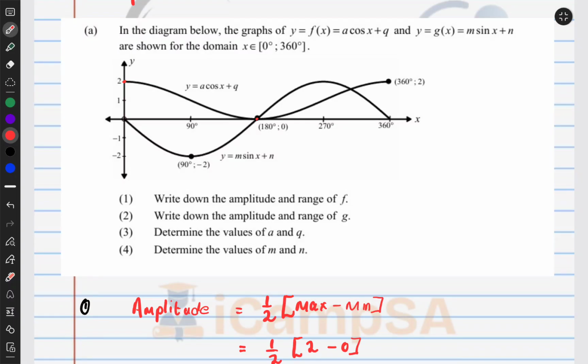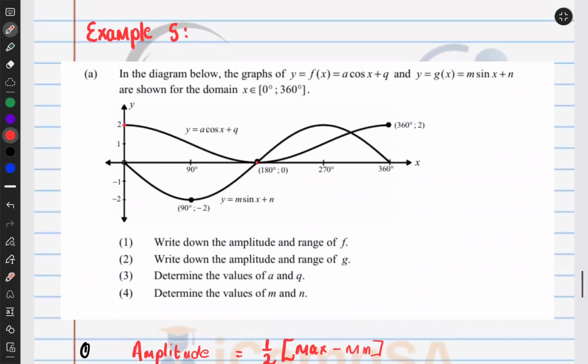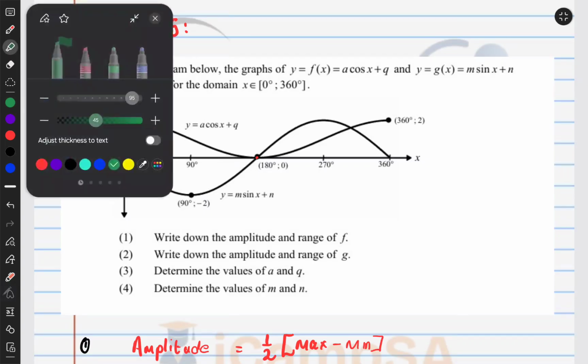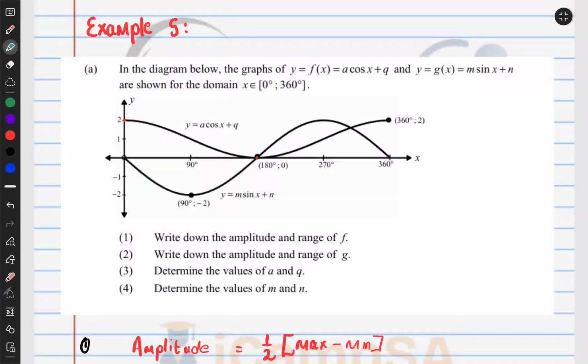There are two methods for calculating the vertical shift, just like the amplitude, but we'll start by using the coordinates, so values of A and Q. We know that this function f has coordinates 180 degrees and 0, and 360 degrees and 2.